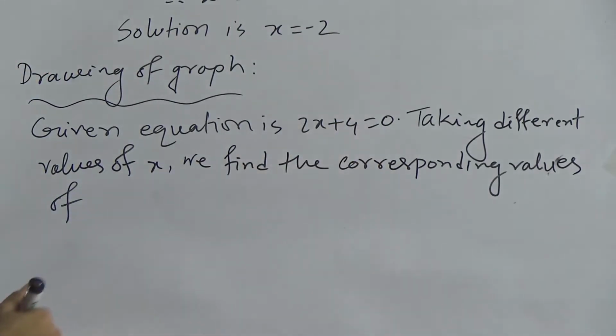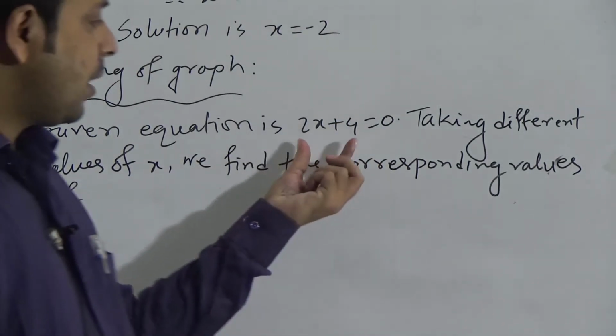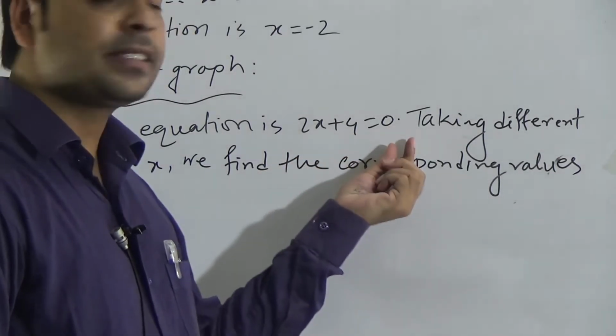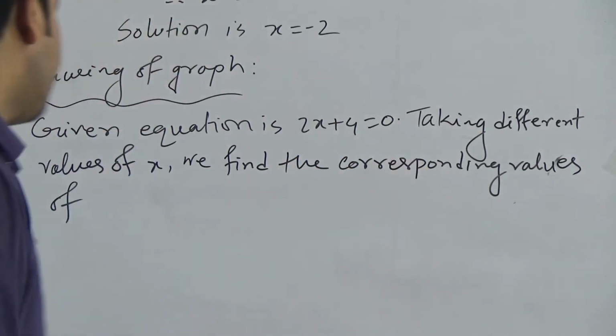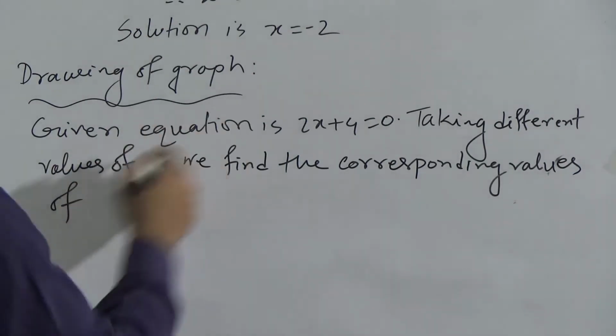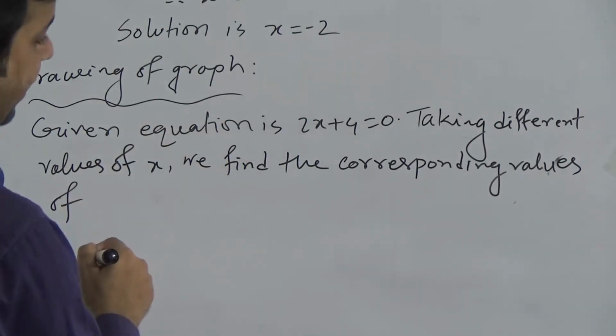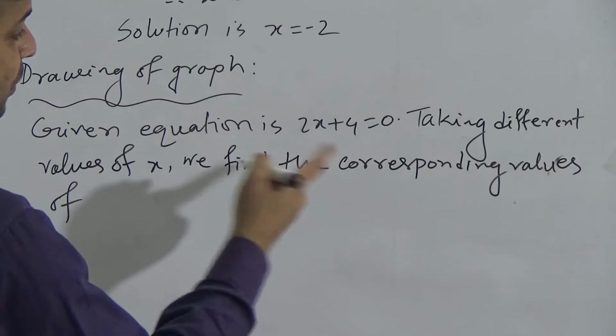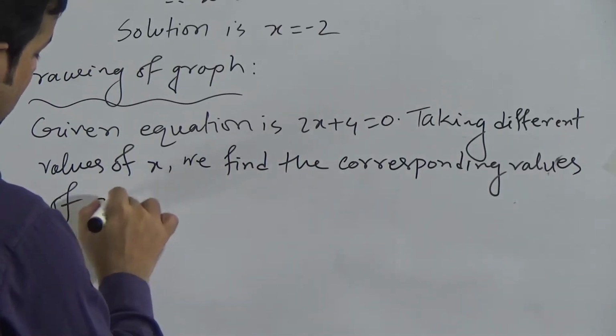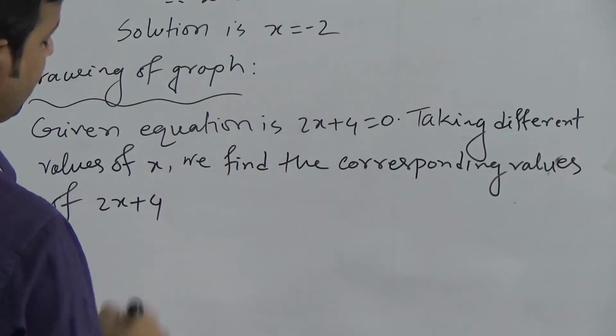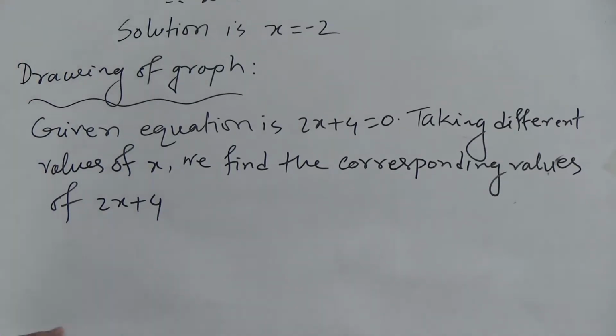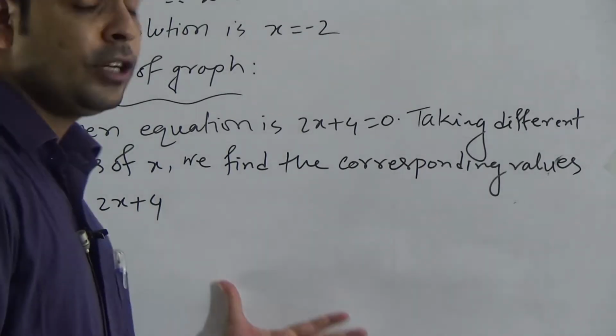The format is everything will be in the left side and right side will be 0. In this case, we have to follow these rules. Find the corresponding values of 2x plus 4, and make the adjoining or the following table.